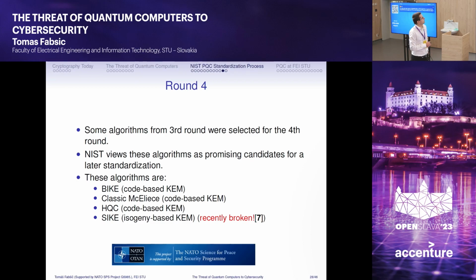And since July 2022, big news appeared, and that was that one of these algorithms, SIKE, was badly broken. NIST doesn't advise using it at all. So basically, there are 3 remaining algorithms, and NIST will probably standardize at least one of them. All of them are code-based. SIKE was isogeny-based. It's a completely different algorithm from these 3.